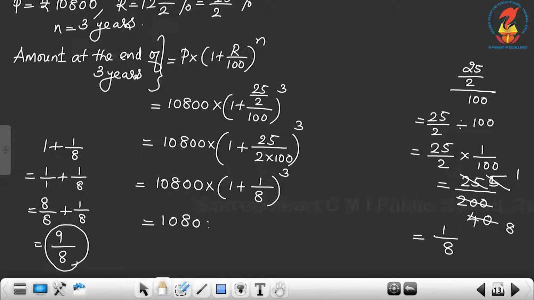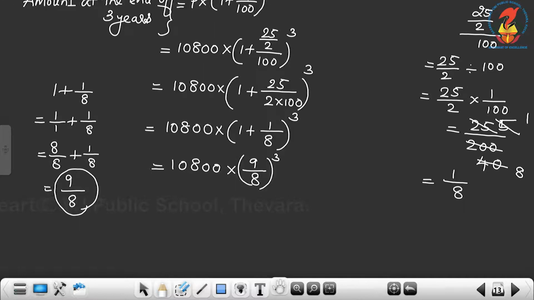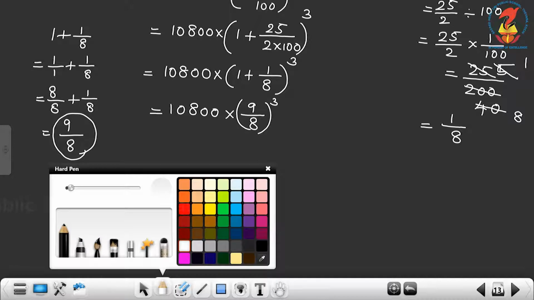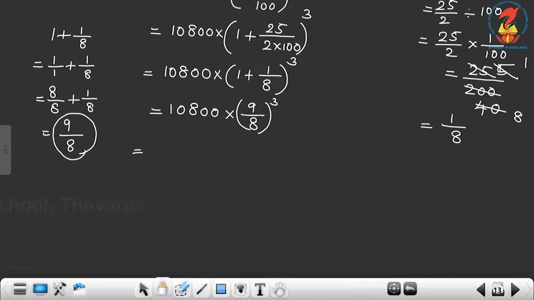So 10,800 into 9 by 8 the whole raised to 3. 10,800 into 9 by 8 whole raised to 3 means 9 by 8 into 9 by 8 into 9 by 8. 9 by 8 is repeated 3 times.